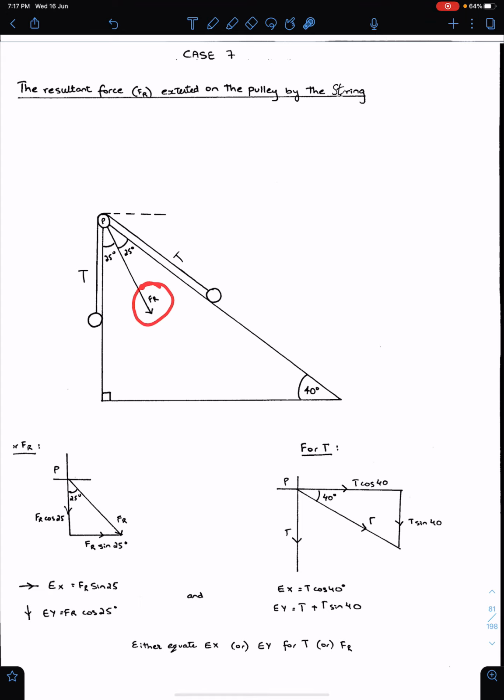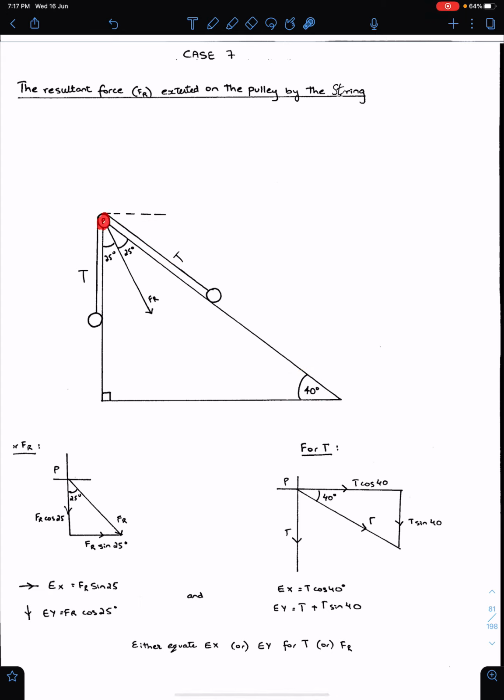You need to resolve Fr separately and these two tensions separately. This is for Fr. So Fr has two components. This is Fr sine 25 and this is Fr cos 25. And these two tensions are here. This angle is 40 degrees because of alternate angles.